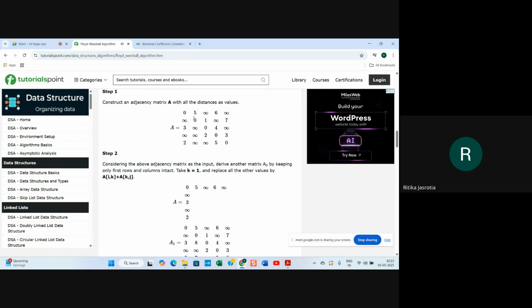If we position here, these positions you should know.